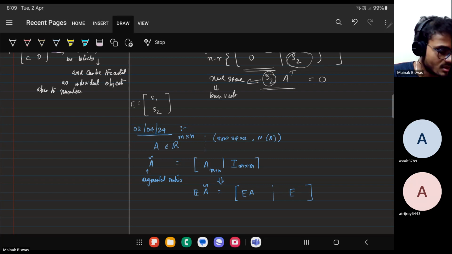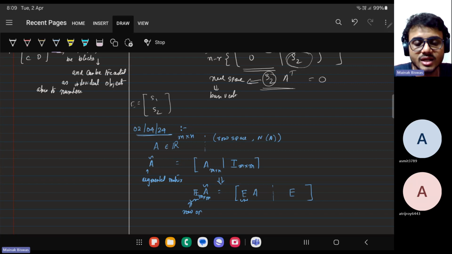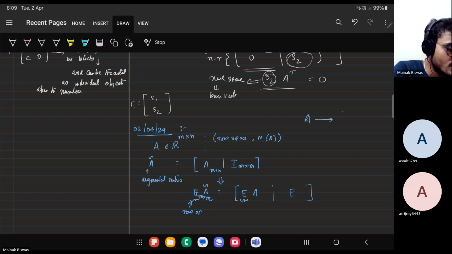Yes. Because when you multiply any matrix on the left, it does row operations. So E is an m cross m matrix, which will act on the rows of A and try to make A into this.